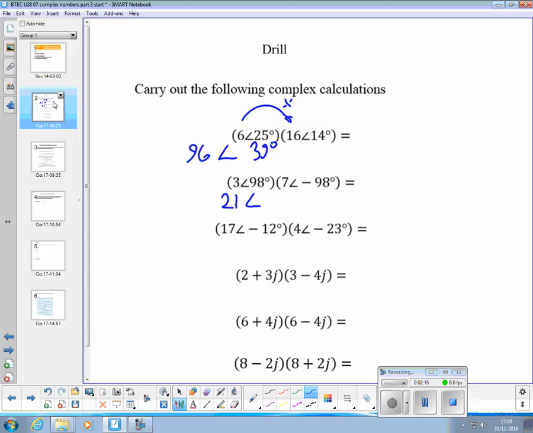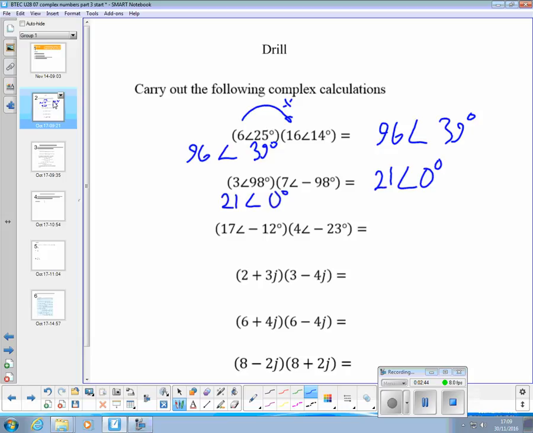Angle 98 minus 98, 0 degrees. I'll write these answers here. So that one's 96, angle 39 degrees. That one is 21, angle 0 degrees. So if the angles are equal and opposite, they cancel and you end up with no angle.